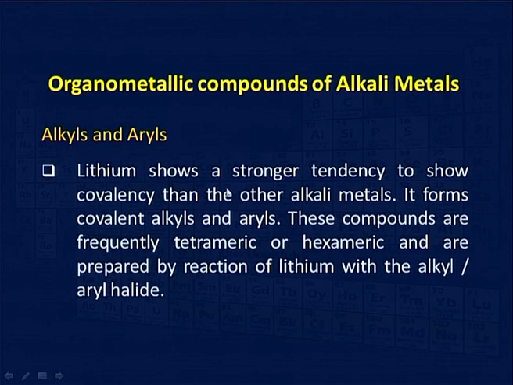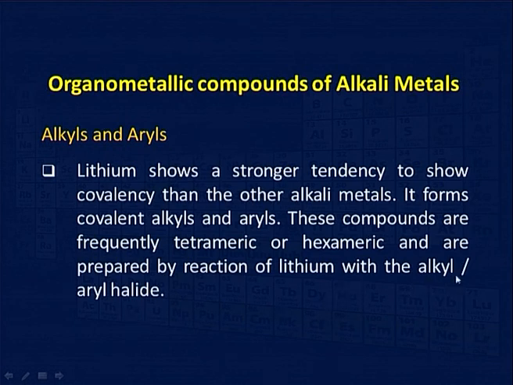You can see that lithium shows stronger tendency to form covalency than the other alkali metals, and lithium methyl is very common. It has a tetrameric structure, and lithium phenyl has a hexameric structure, which is not shown here. LiPh and LiMe are prepared by the reaction of lithium with alkyl halide or aryl halide.